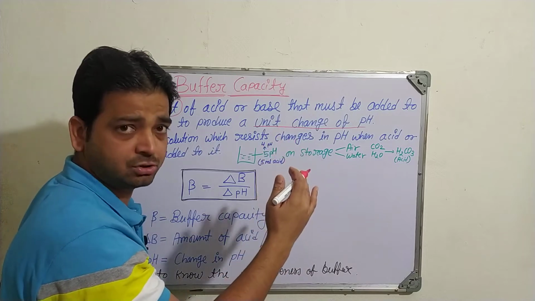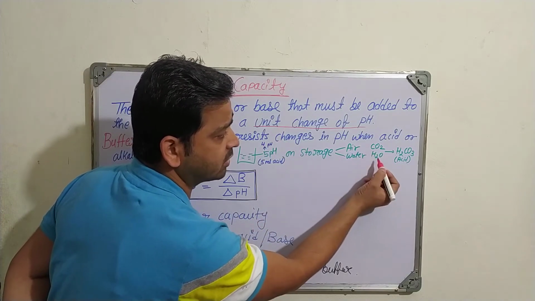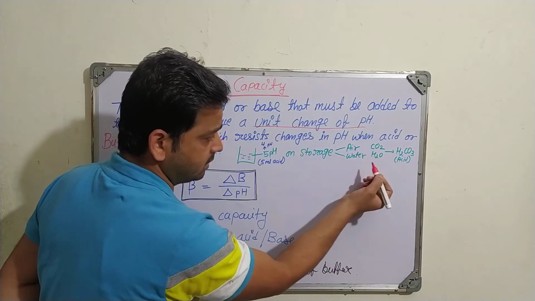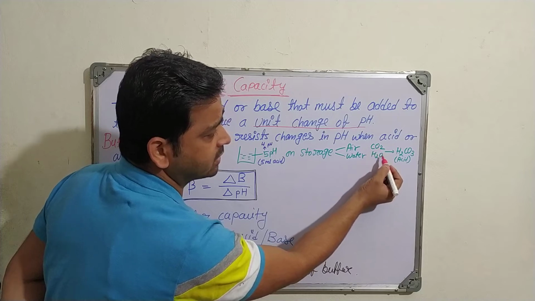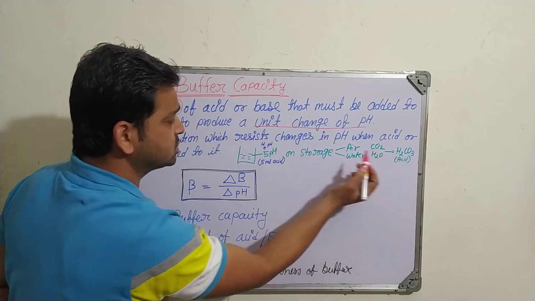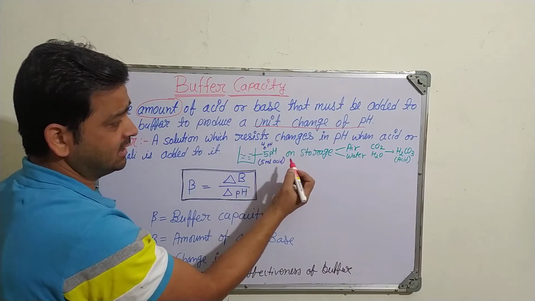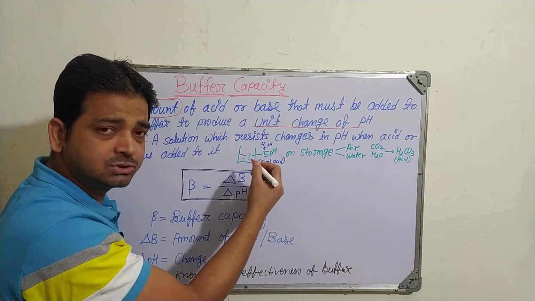There may also be moisture in the environment. In air there is carbon dioxide, and with moisture, the carbon dioxide and water form H2CO3, which is an acid. So if that acid is produced, the formulation is going to become acidic.